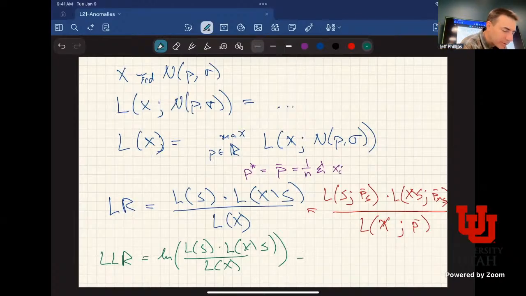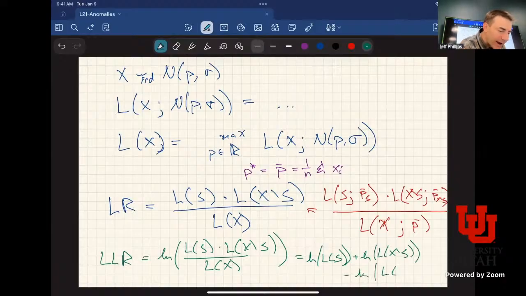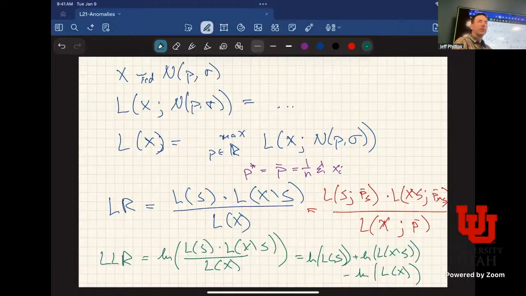This is equal to the natural log of L of S plus the natural log of L of X minus S minus the natural log of L of X. If you remember, the natural log of these was just the sum of the squared errors. So now I'm adding the sum of the squared errors fit in the anomaly, the sum of the squared errors fit outside the anomaly, minus the sum of the squared errors fit universally on everything.